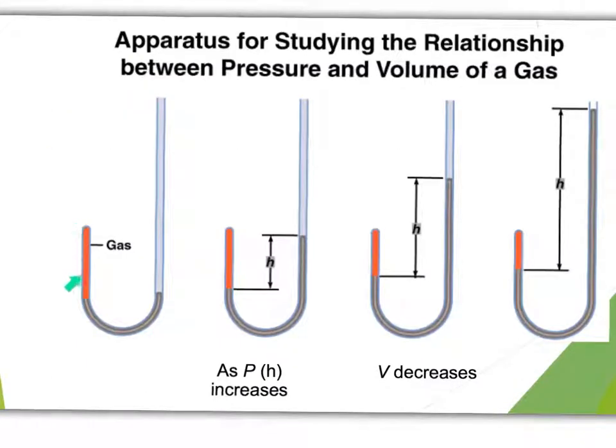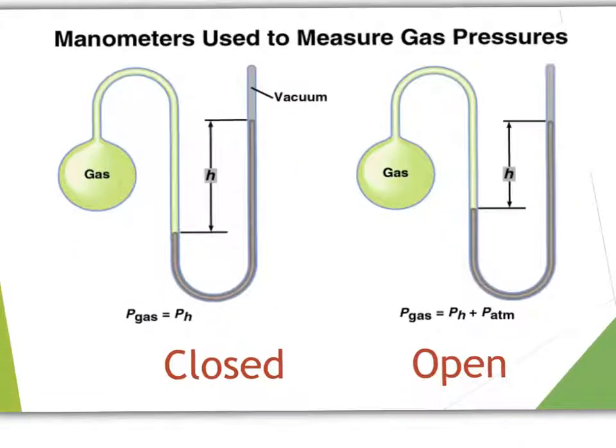Now here we can see the U-shaped arm of the manometer, and what we're looking at is the difference in height between the two sides of the arm. Here we have the gas side and here we have the atmospheric side, and depending on which side is higher will determine how we approach the problem.